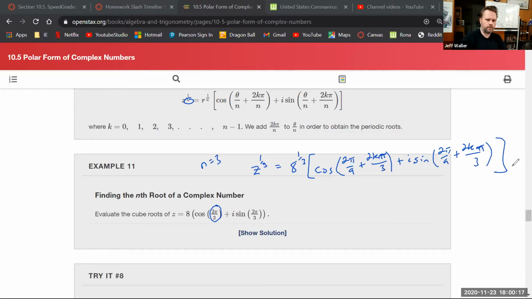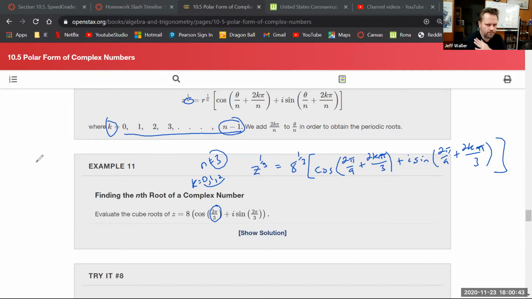And they tell you that k is everywhere from 0 up to n minus 1. So in this case, k is going to go 0, 1, 2. So it kind of makes sense. There are 3 roots, right?